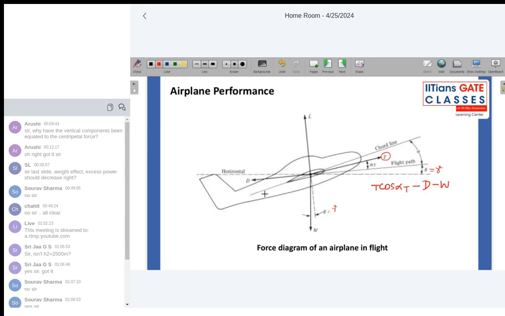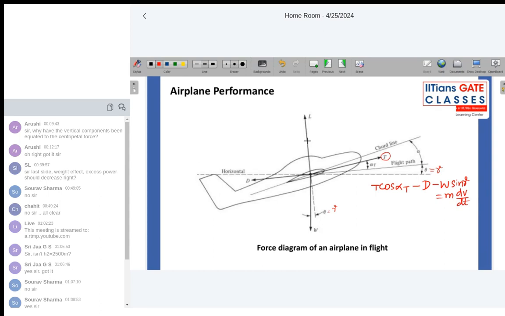So T cos alpha t minus D minus W sin gamma equals mass into linear acceleration, dV by dt.